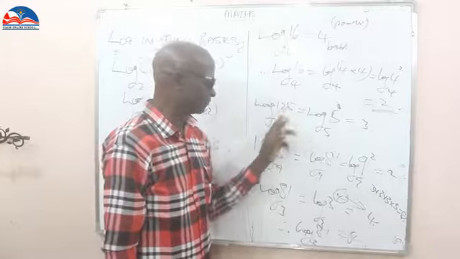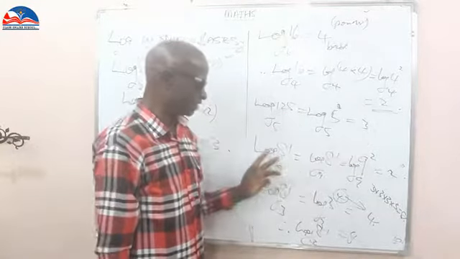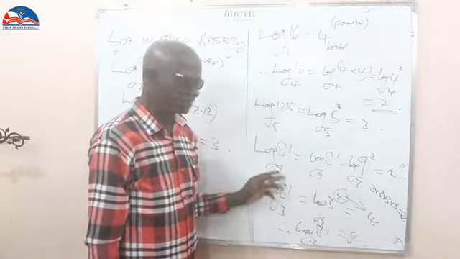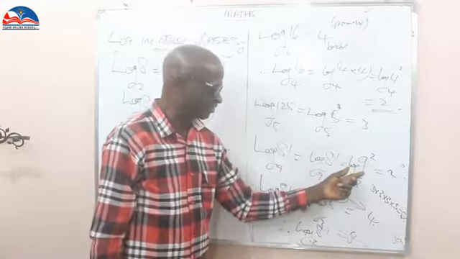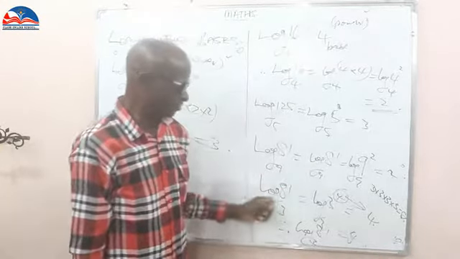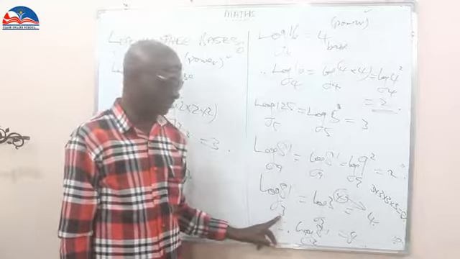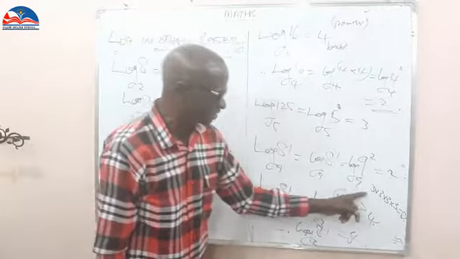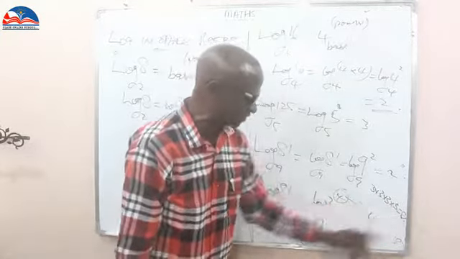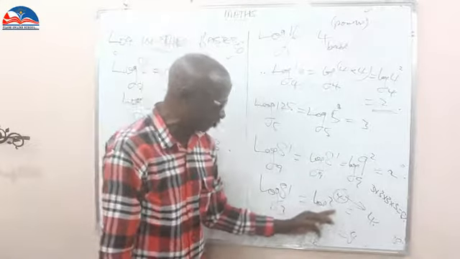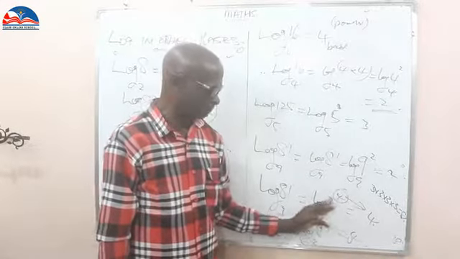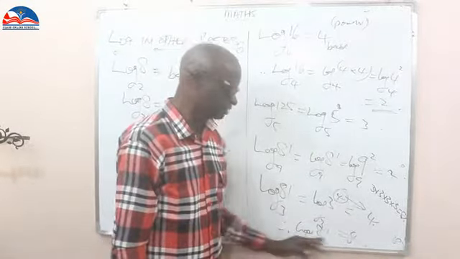That's why log of 125 in base 5 equals 3. For 81, for example, log of 81 in base 9: 81 means 9 times 9, that's 9 squared. Therefore, the answer is 2. Log of 81, the same 81 but in base 3 now, means I'm going to multiply 3. How many times? 3 times 3 is 9, times 3 is 27, times 3 is 81. That's 4 times. So I'm looking for log of 3 to the power 4 in base 3, and therefore the final answer is 4. So log equals the power of the base.